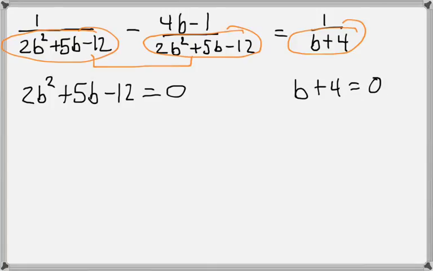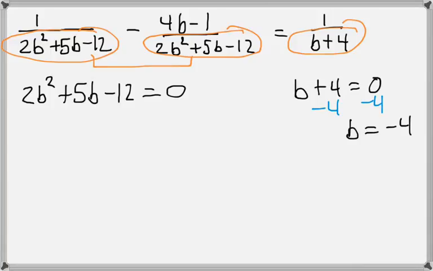The one on the right's the fastest to solve, so let's go ahead and solve that one. We get b by itself by subtracting 4, and we get one of our excluded values is b is equal to negative 4. Now we go to the trinomial here on the left.